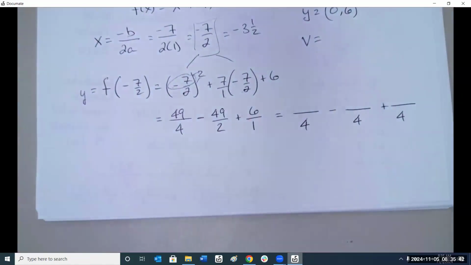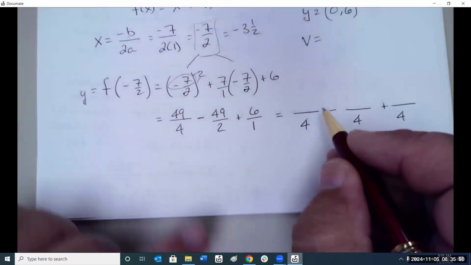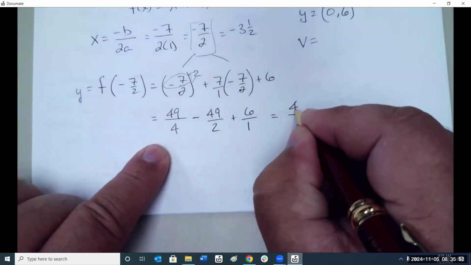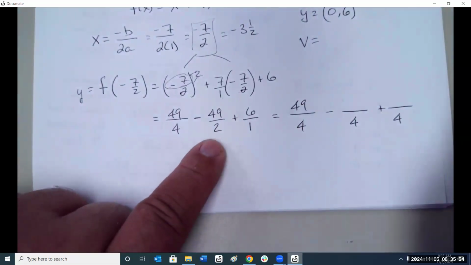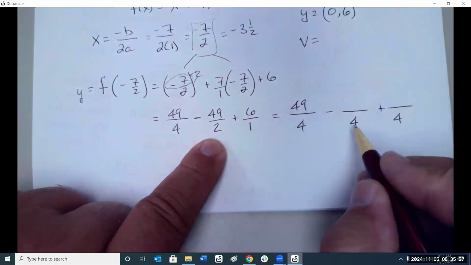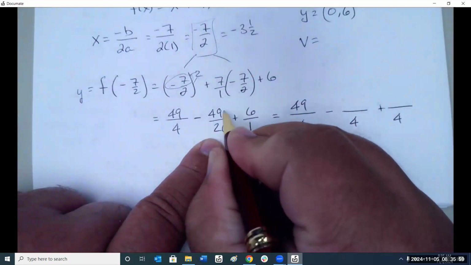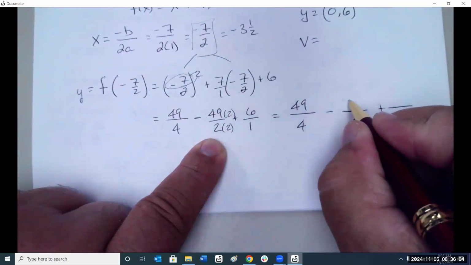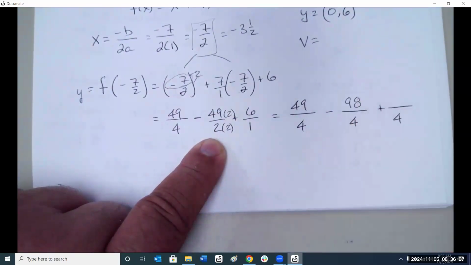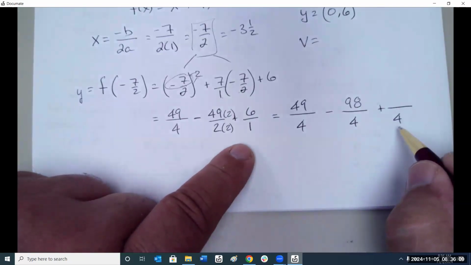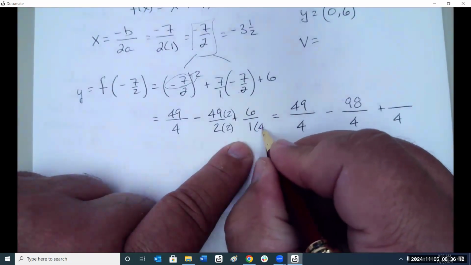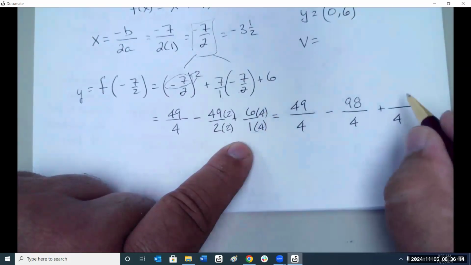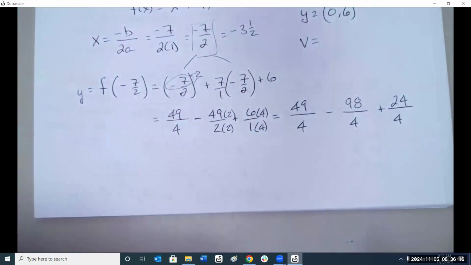So the LCD, the least common denominator, has to be at least as big as the biggest one you have. So the first one's already 49/4. The middle one, how do you get from 2 to 4? Multiply by 2, so top and bottom by 2. 49 times 2 is 98 over 4. And the last one, 1 times 4 is 4, so we multiply top and bottom by 4. So it's 24/4.